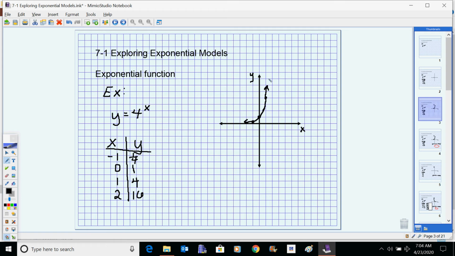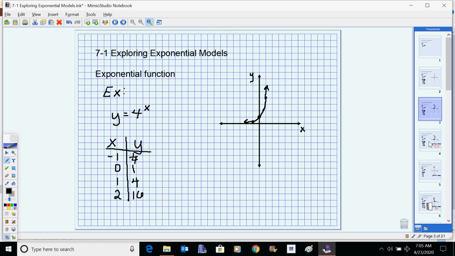When we look at this curve, we notice that it's getting greater and greater and greater very, very quickly because of the exponent. We call this an exponential function, because the exponent means that at the ends it begins to get to be higher and higher, or lower and lower, very, very quickly.